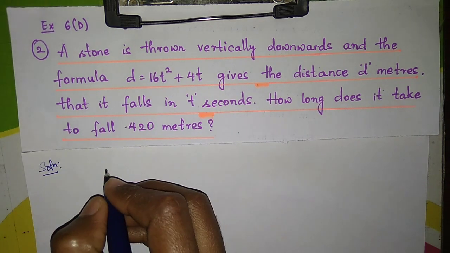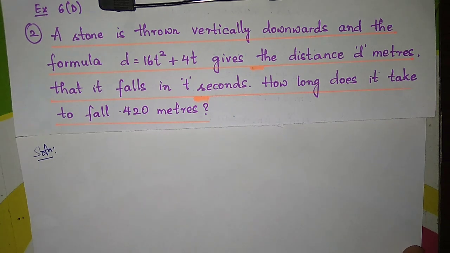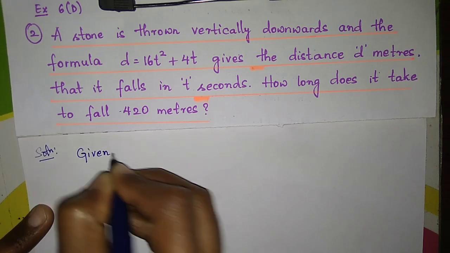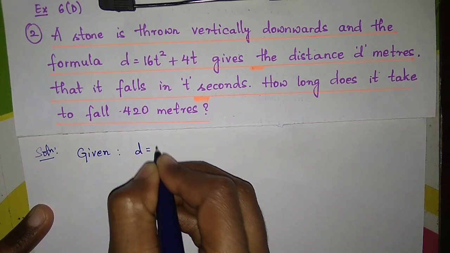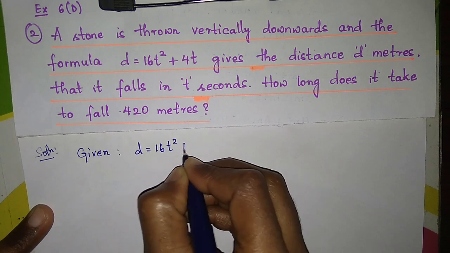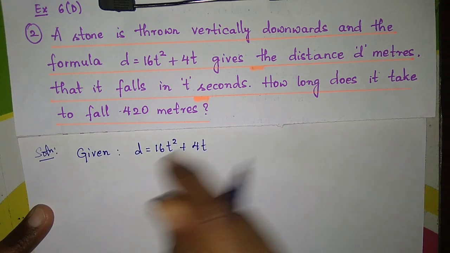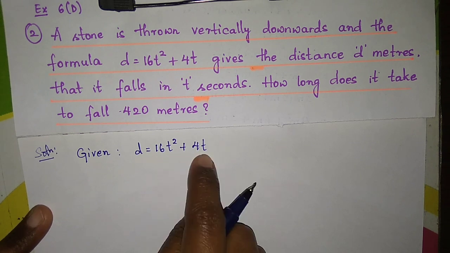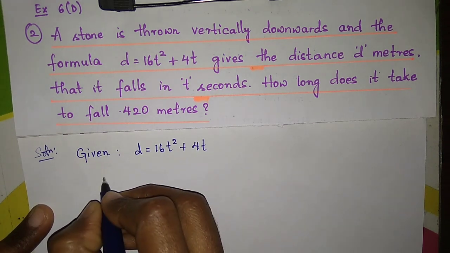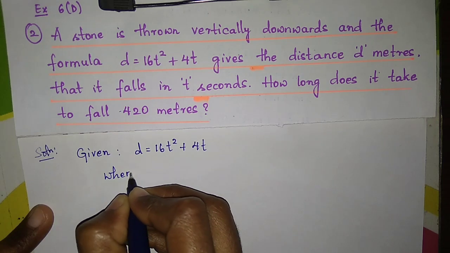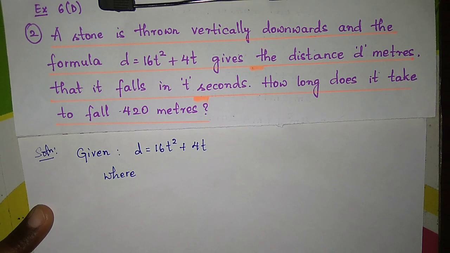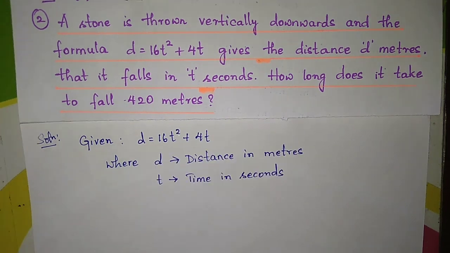So, coming to the solution, we will collect what is given in the problem and what we want to find out. Given: d is equal to 16t square plus 4t is the formula to find the distance at this time t, where d is the distance in meters and t is time in seconds.